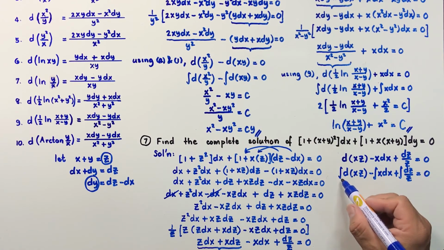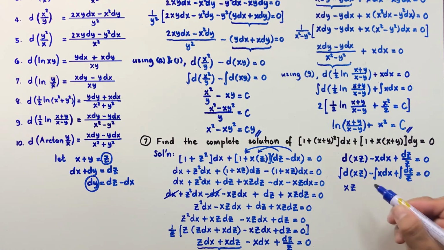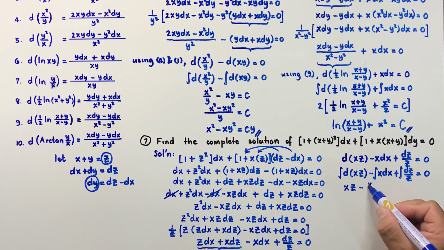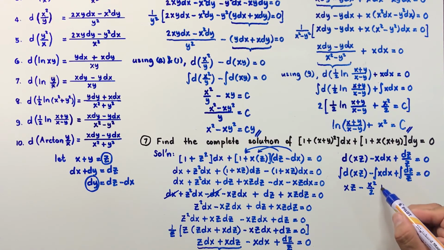And the integral of the differential cancels, so we have xz minus x squared over 2, because the integral of x here is x squared over 2. And the integral of dz over z is the natural log of z. And this is equal to the constant of integration c.